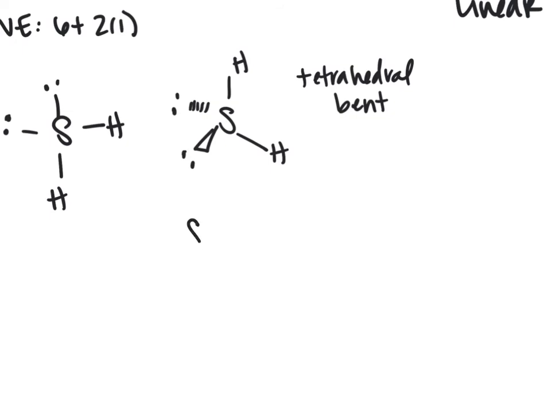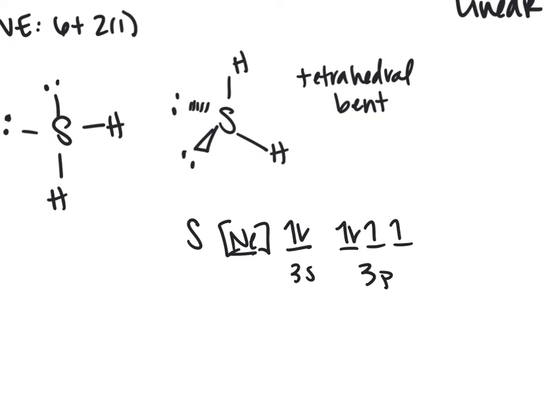So if we have sulfur, we will just use the noble gas configuration of neon, 3s, 3p. And so it has 6 valence electrons, 1, 2, 3, 4, 5, 6.